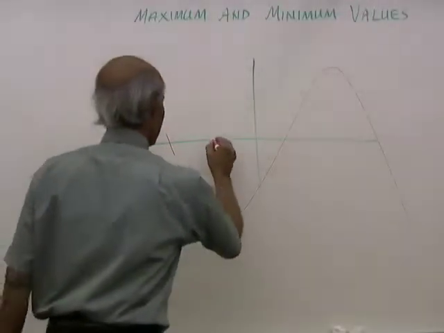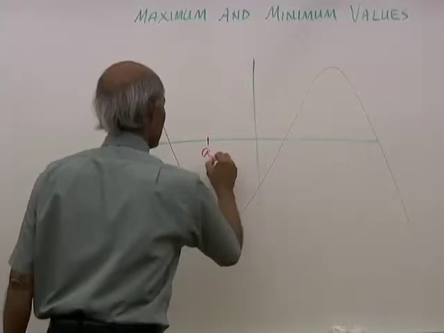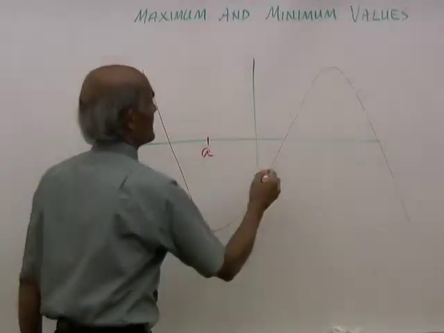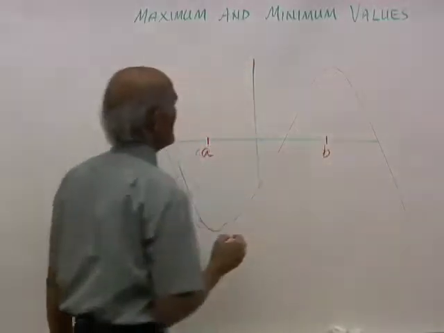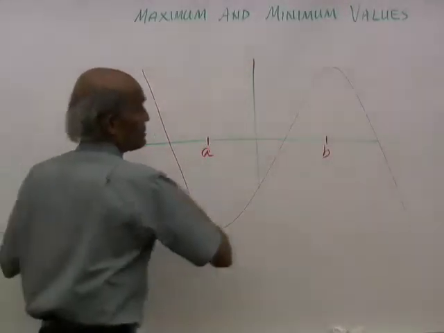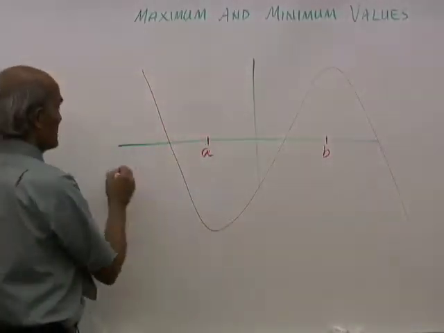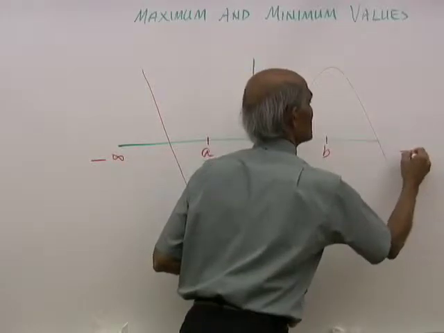For example, here I'm going to say this is x equal to a. This is x equal to b. Now, the domain of this function is from negative infinity to positive infinity.